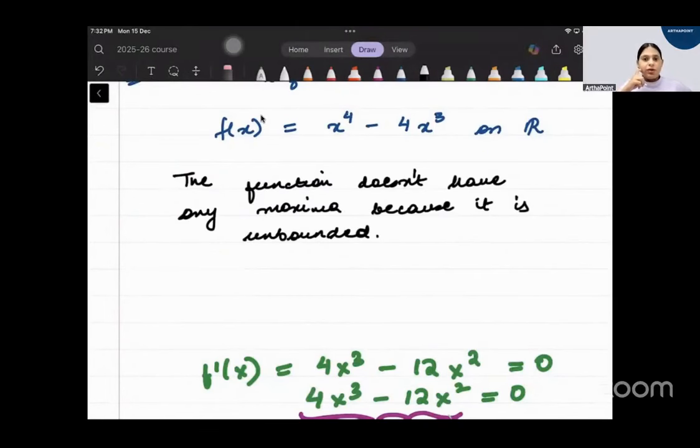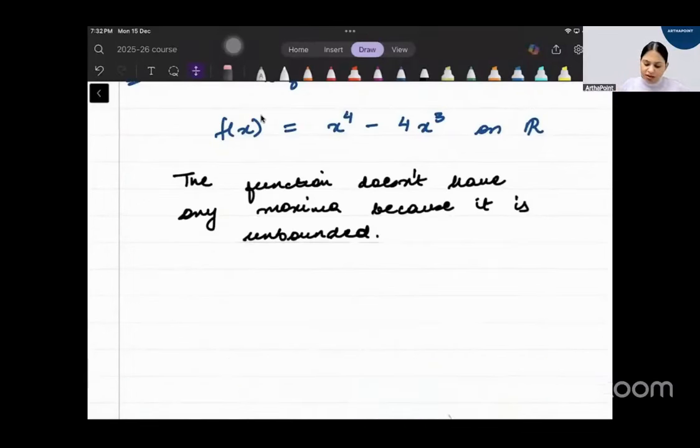Because it is unbounded. माने what we are saying is कि देखो यहां पर x to the power 4 है और ये x to the power 3 into 4 है.